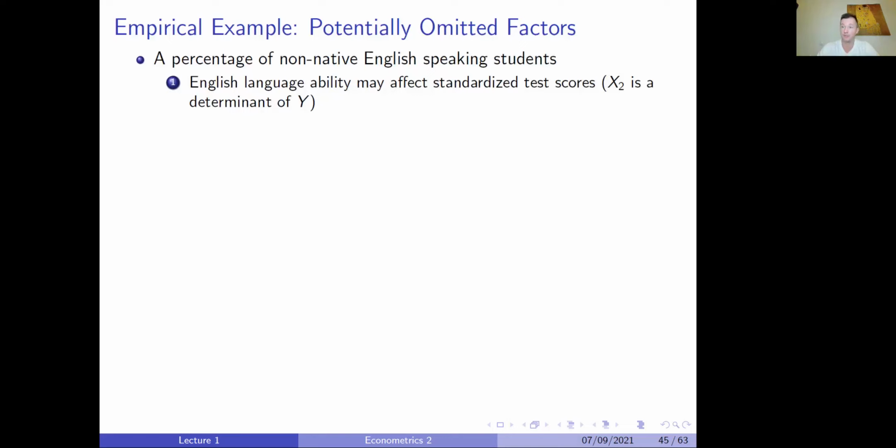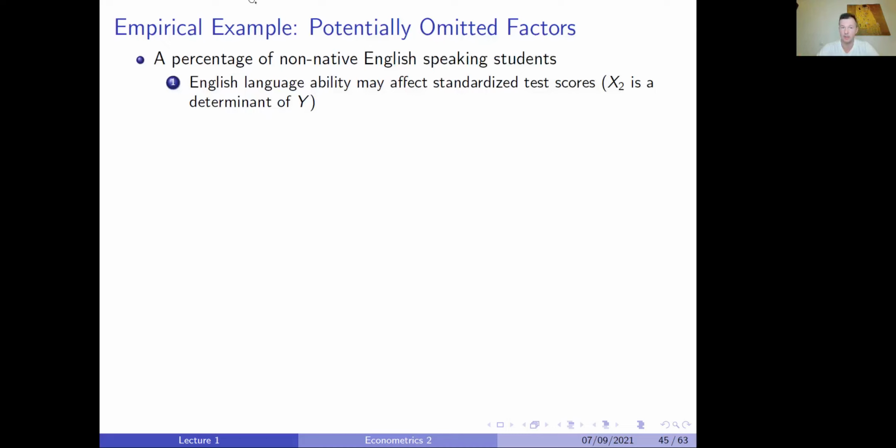And if we have schools where a lot of non-native English speaking students learn, then probably it may affect the test scores in that district. So x2 is a determinant of y, so the first condition holds.